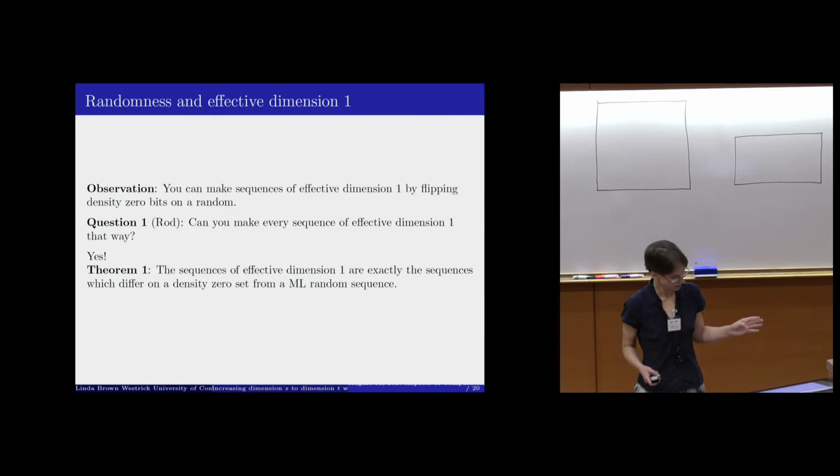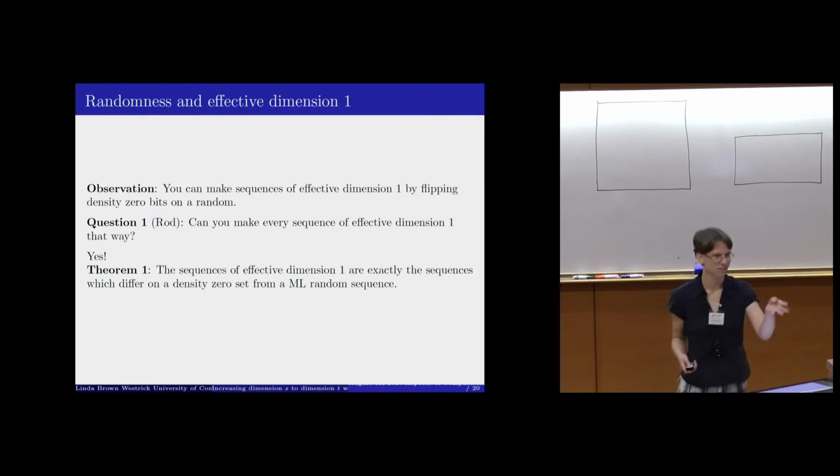And the method that we used to prove that turned out to be useful for some other questions that are related. Yes? The observation is more that whenever you take a random and split it, you always get dimension 1. The formulation is a little bit puzzling.